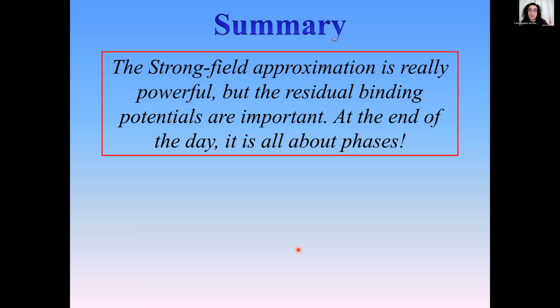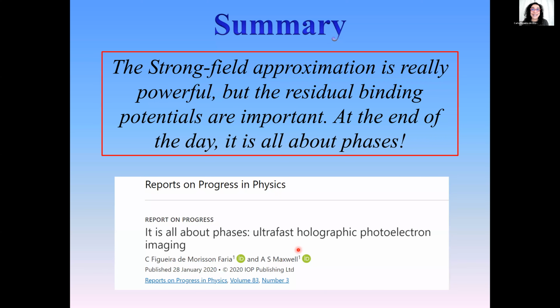And because we're talking about quantum interference, we need to be really aware that this is going to change the phases that each quantum pathway is going to pick up. And that's why we wrote a review article recently, and that's why we decided to call it It's All About Phases, because we realized it is.